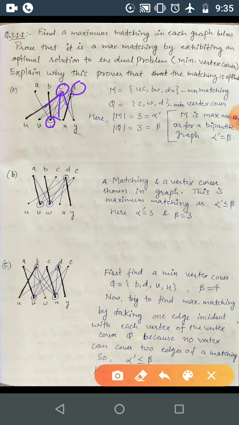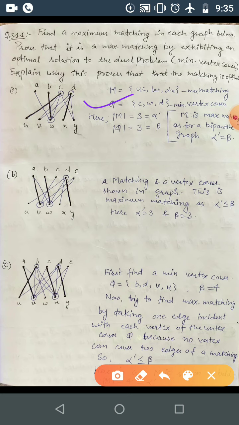This one, this one, this one, done, and this one, this one, done. Yes, we have covered all the edges of this graph by these three vertices, that is C, D and W. So this is the minimum vertex cover.